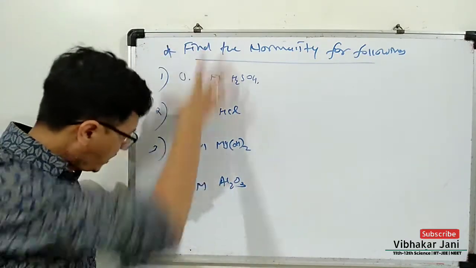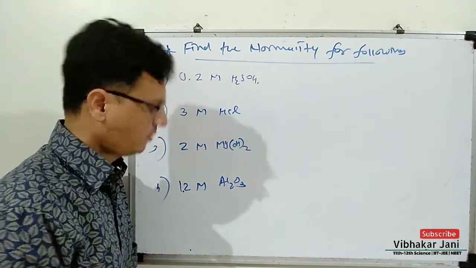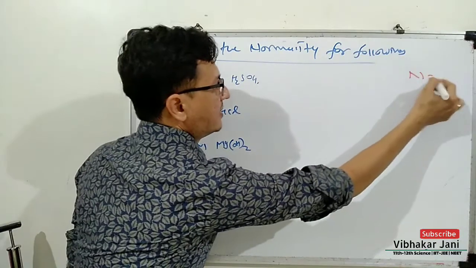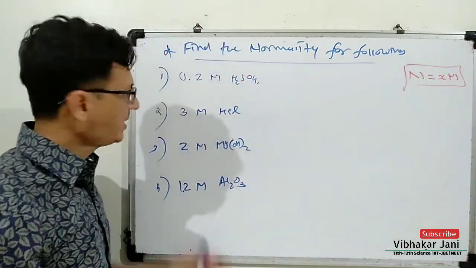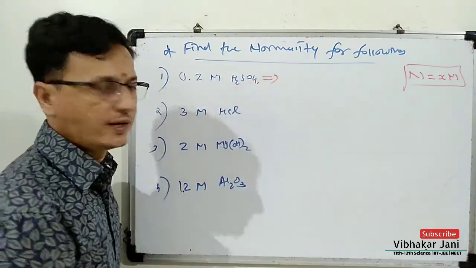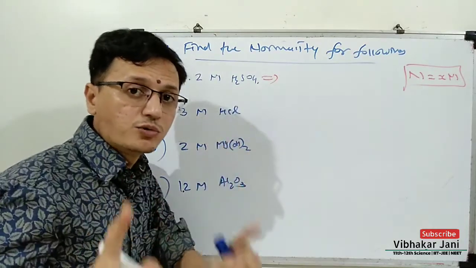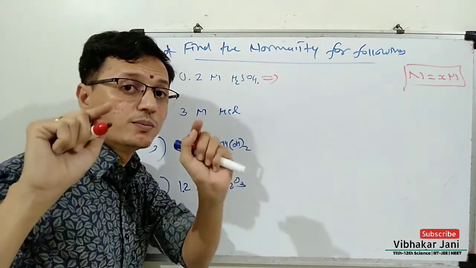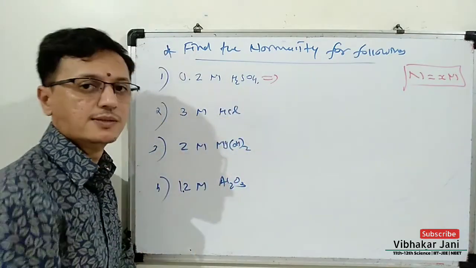Okay, so here molarities are given and we are asked to find normality. So you have a simple relation, N is equal to XM. By using this formula, you can predict the value of normality for all these solutions. So here the solution is of sulfuric acid. All you have to do is find out the value of X for different substances.